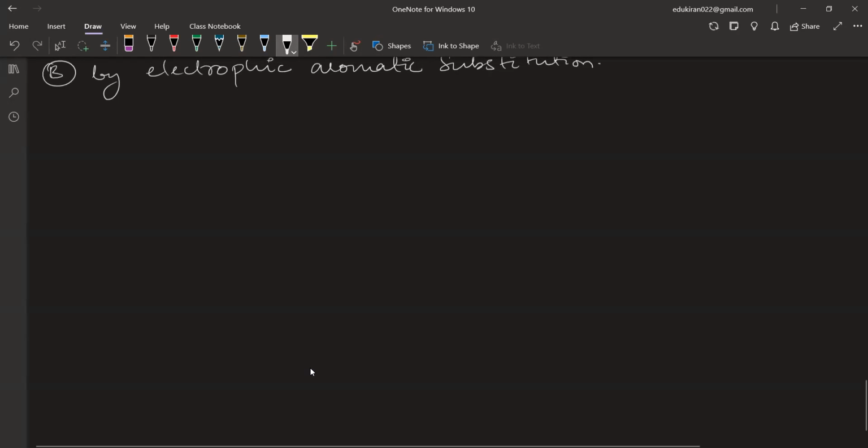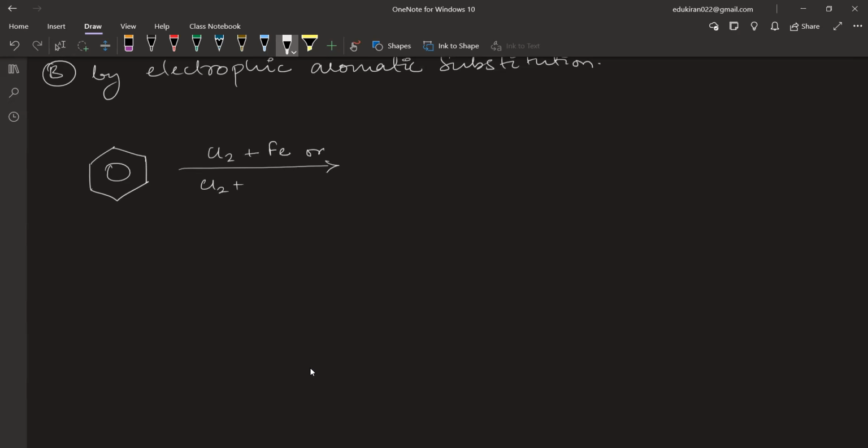Please write the question. You have a benzene ring, and you are reacting this with Cl2 plus Fe, or you can also use Cl2 plus FeCl3 or AlCl3. Any of the Lewis acids you can use. What will be the product?